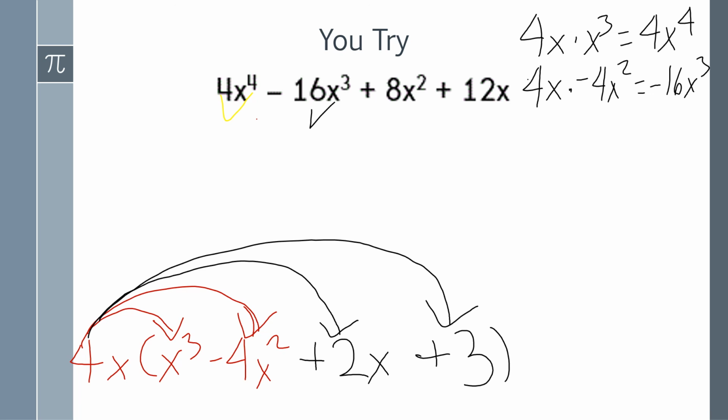So all I'm doing is taking this guy and multiplying by all these pieces to get these above, to check my work. All right, 4x times 2x is 8x squared. Boom, kitty got wet.